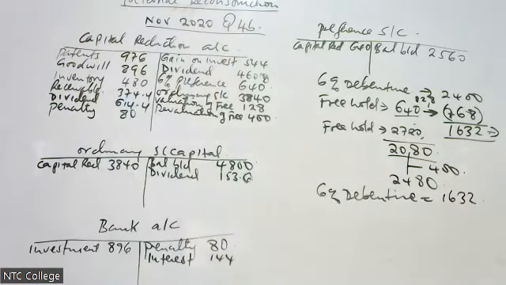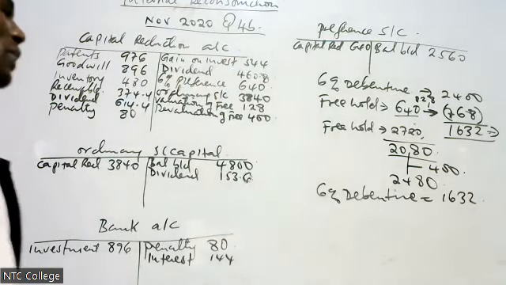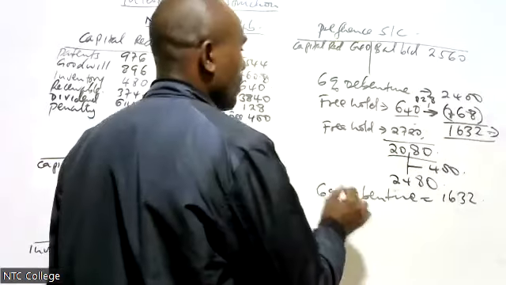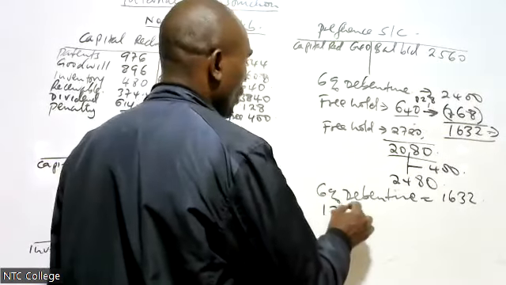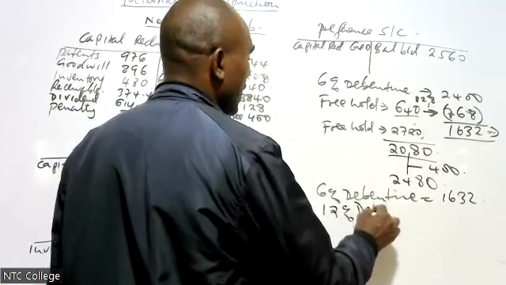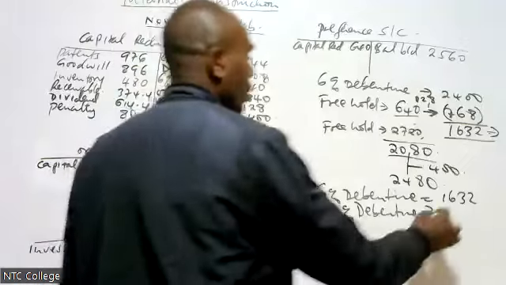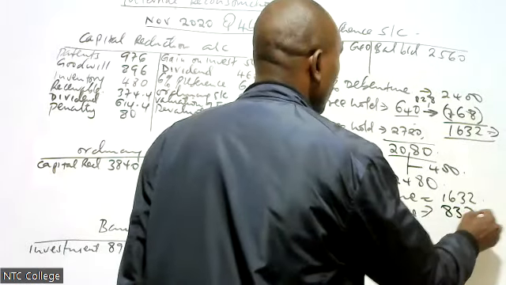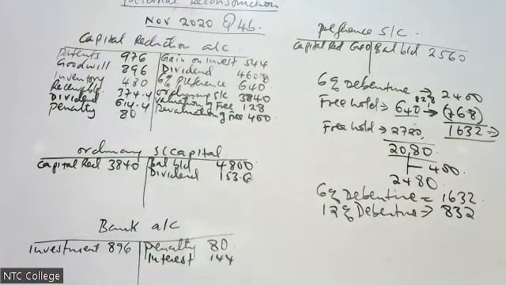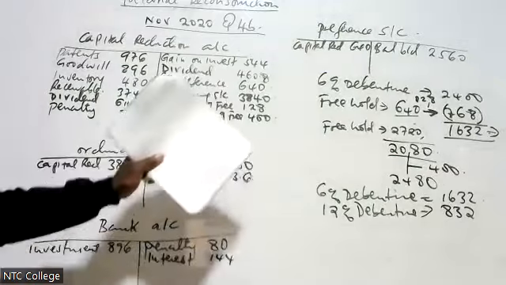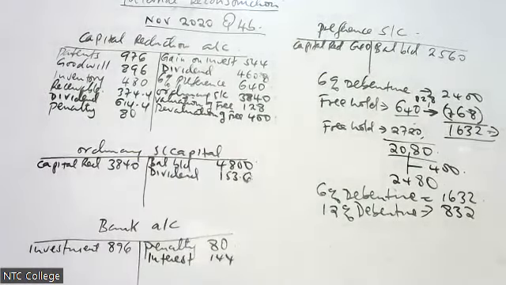Now these 6% debenture holders are going to give us another debenture at the interest of 12%, which means another loan of 832. Therefore, I will have two loans in my balance sheet, the loan of 6% and the loan of 12%.